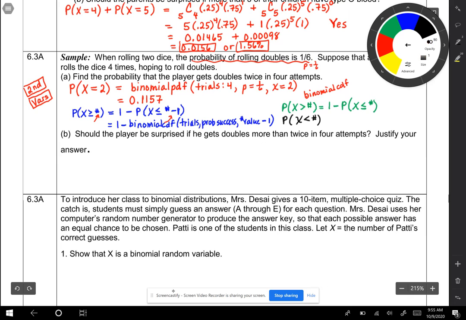For that one, you would subtract 1. So you would do trials, probability of success. Probably doesn't make any sense right now until we do some examples. And then the number value from the probability minus 1.